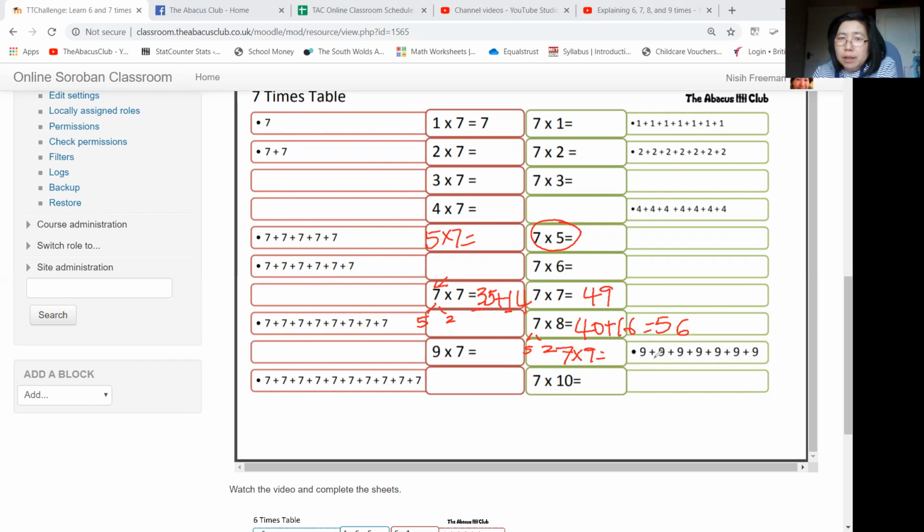The children need to understand that when they see 9, 9, 9, 9, 9, 9, 9 here, that is equal to 7 times 9. Once they figure that out, then everything else will be easy. So we're going to stop there, and I hope that helps with the understanding of times table.